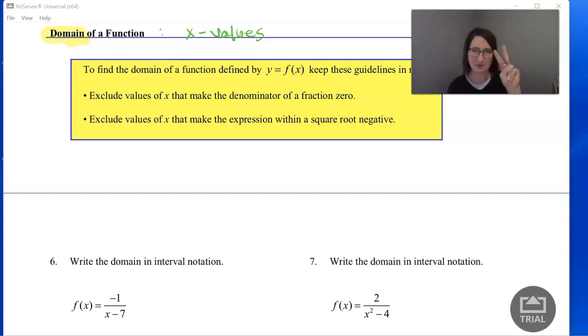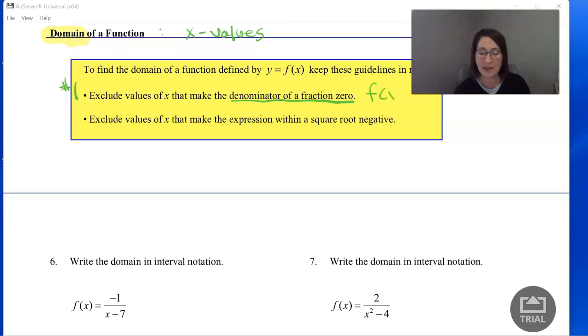I have 2 exceptions. 2 times when I need to exclude some of my x values. My first exclusion, okay, is when the denominator of a fraction is 0.